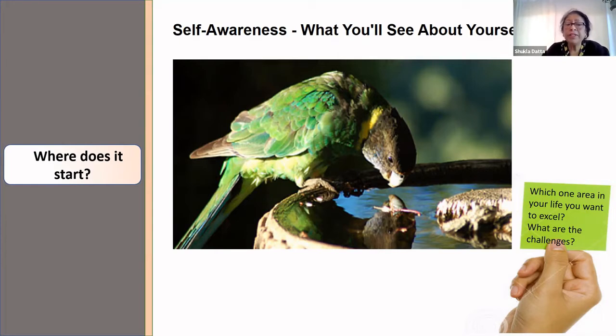It is what you see about yourself. Now, when you look at that mirror on the wall, who am I? When you look inside us, what do we see? Well, we see our strengths, we see our limitations, we see our personal values and beliefs.